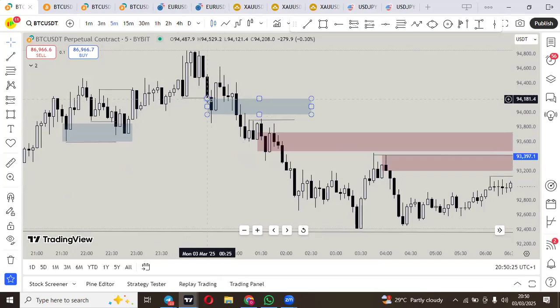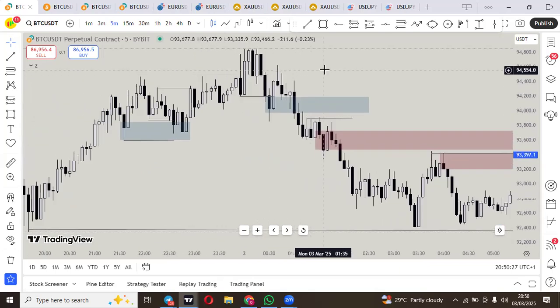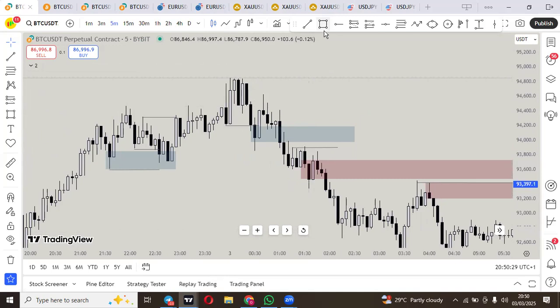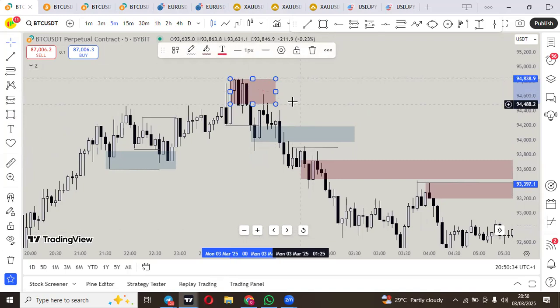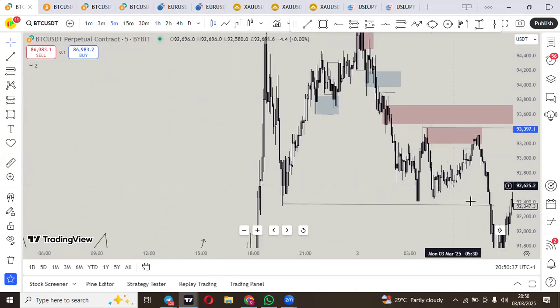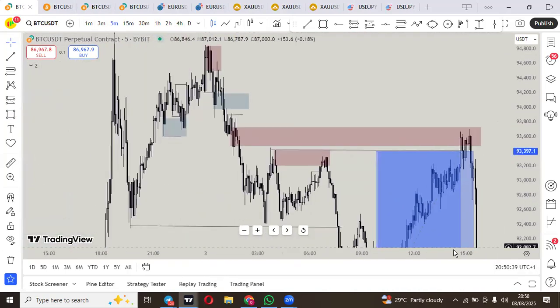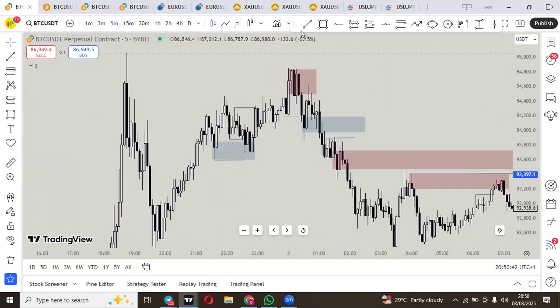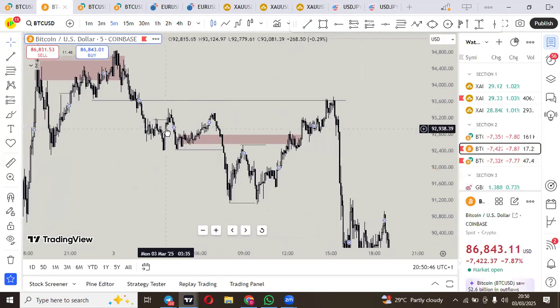We have a break of structure right here, but there is no liquidity. But the market gave me that confirmation, which is this one I'm talking about now. We have a liquidity sweep, which is this one. Look at it on the 2-hour time frame. Where is it?